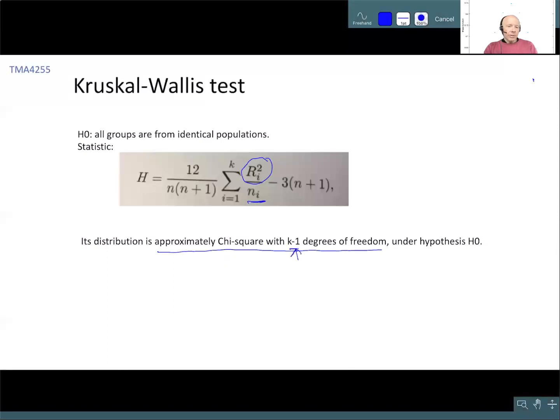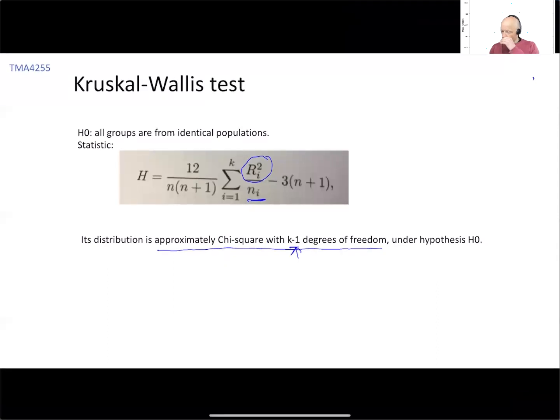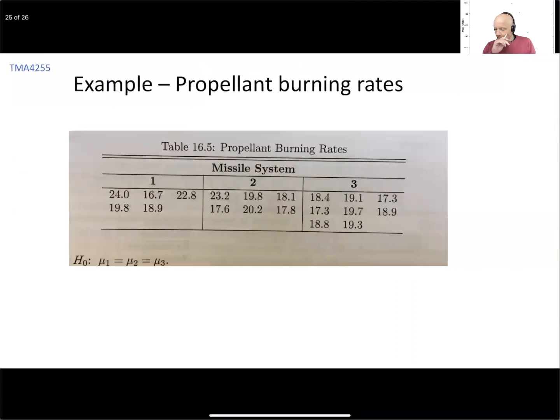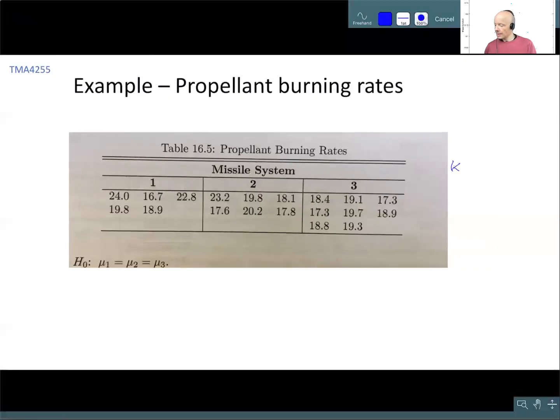And this makes it possible to do hypothesis tests, which we can do in one example. Here's an example with 3 groups. So k is equal to 3, and n1 has 5, n2 has 6, and n3 has 8 samples.